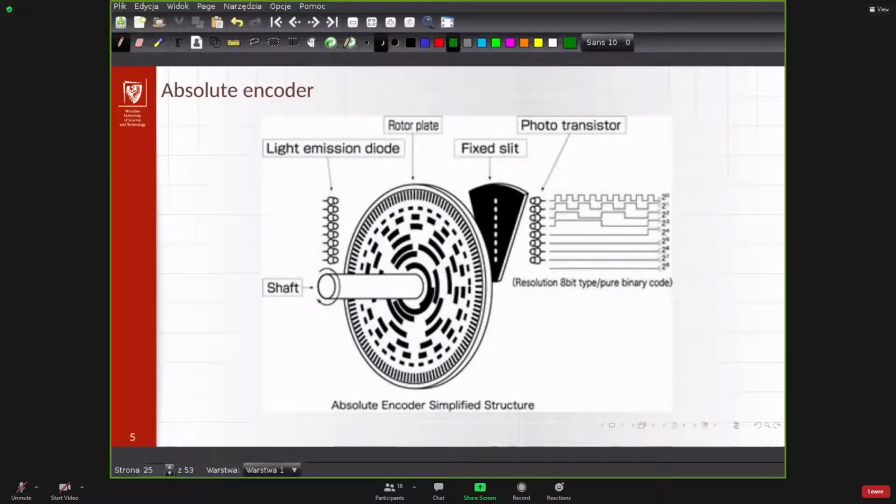Then if you add an additional two diodes, you will have more than 1,000 different possible values. So you will have roughly 1/3 of a degree precision.